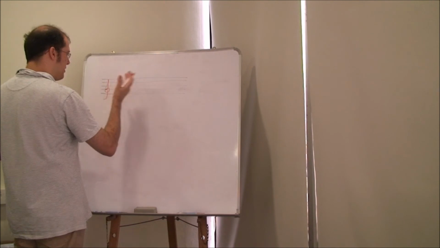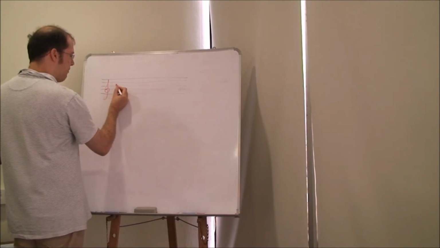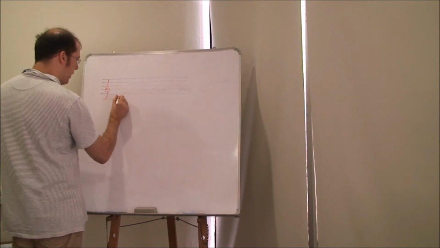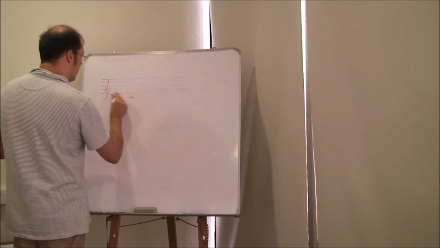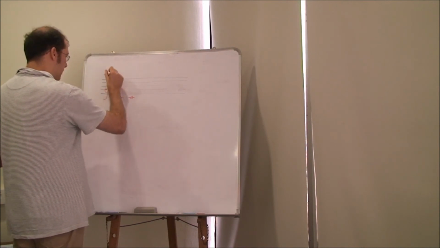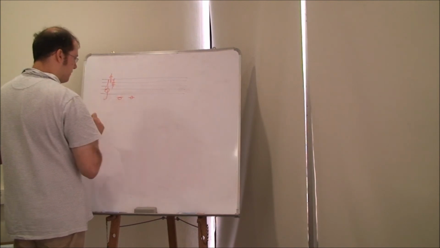So let's pick a key. Let's go B minor. So B minor, the relative major is D major. Let's start from down here. Here we go, B, C. Let's add the key signature as well to make life simpler. So Father Charles.